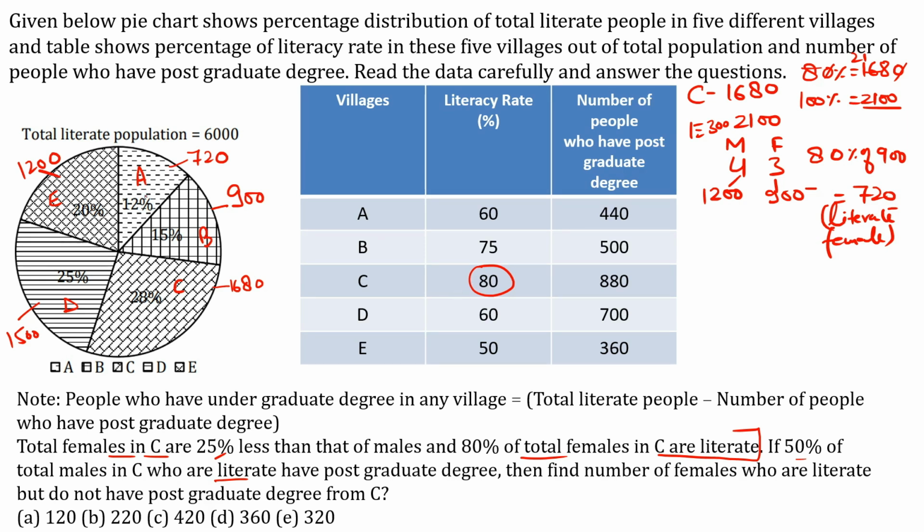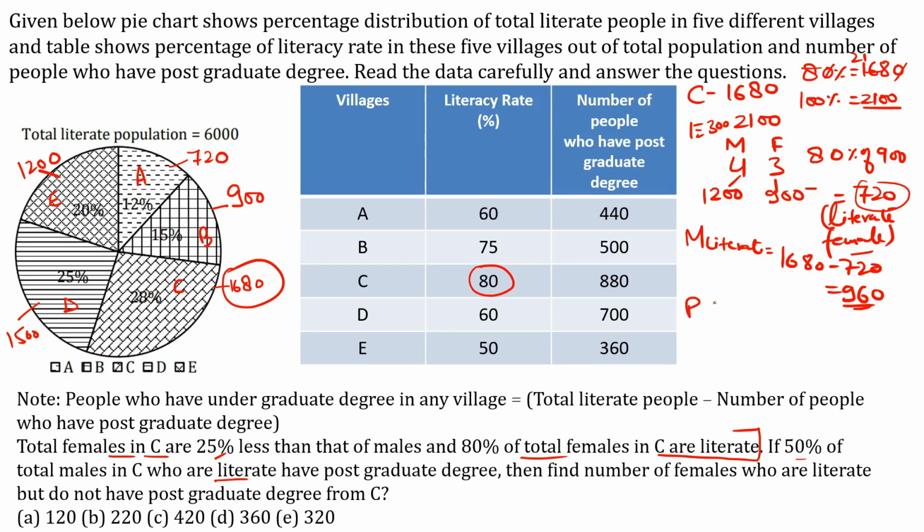Basically, total literate persons we are given with 1680, and total literate female we have 720. So obviously total male literate we can find: 1680 minus 720, so this will be equal to 960. These are the total male literate, and out of this 50% are postgraduate.